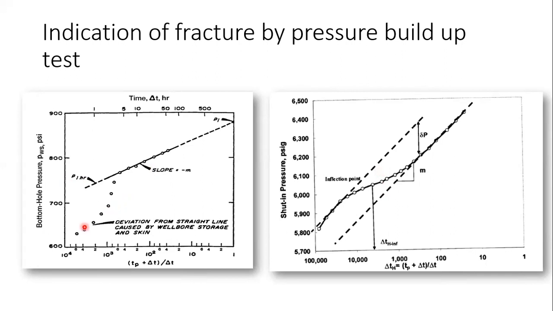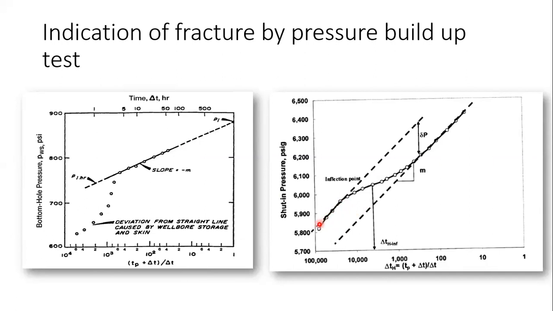In our last class, we discussed pressure build-up test, how it can be estimated, and how the build-up curve will be generated. There are two graphs that have been superimposed, and based on that, we have estimated pressure build-up. But if the graph looks like this, then it indicates that there could be a chance of natural fractures present inside the reservoir.